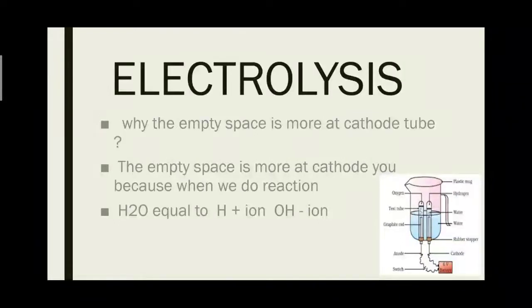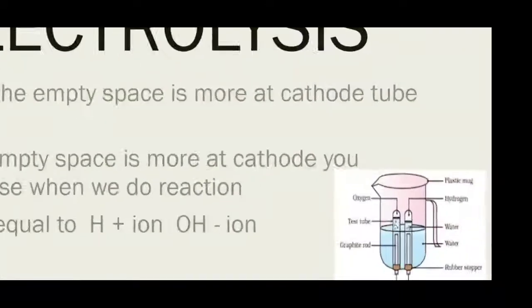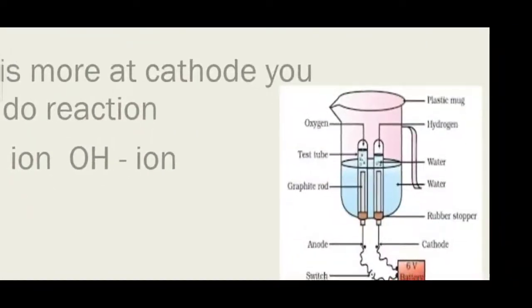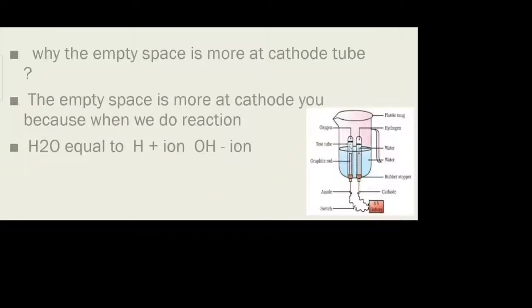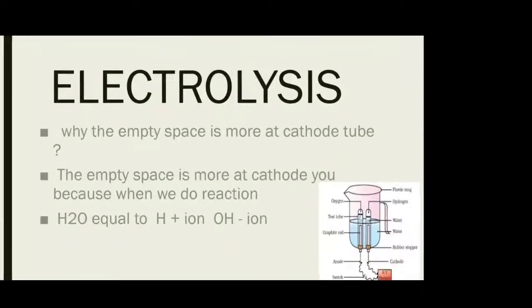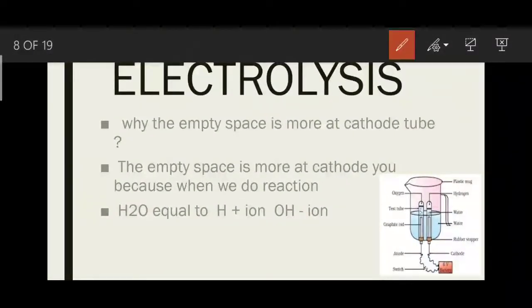The word electro gives us the meaning that it is related to electricity, current. So the question in this case is that if you see the diagram given in your book, see here, if you note here, at the cathode side you will find more empty space in the tubes.